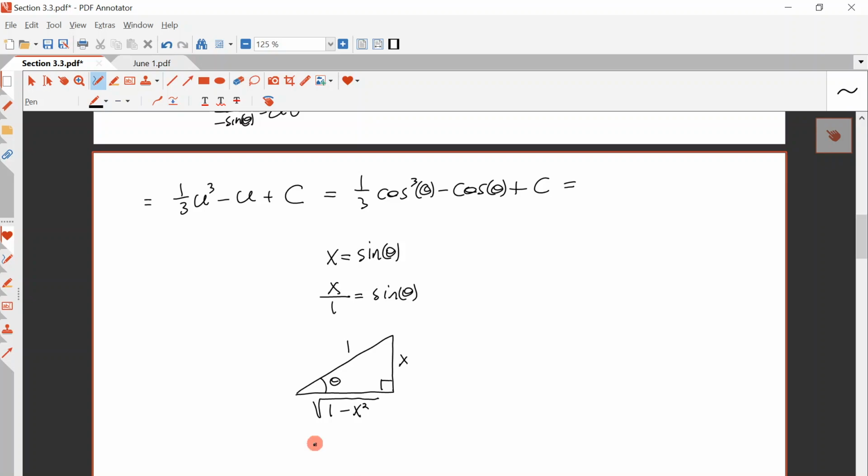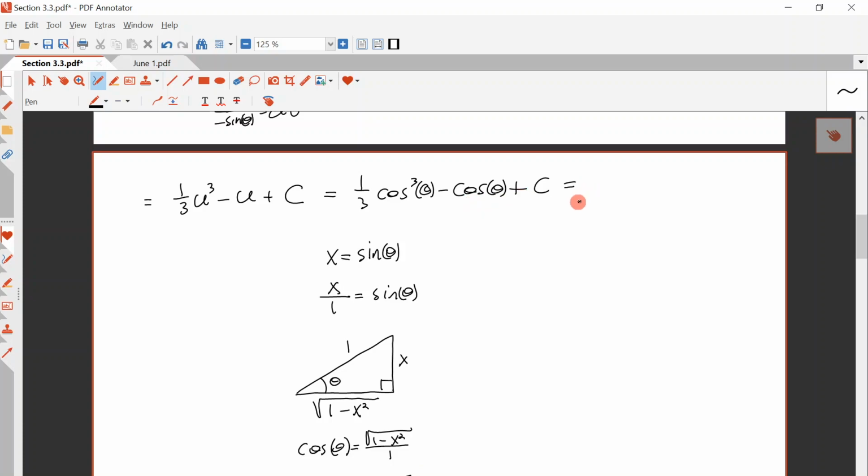So now cosine theta is the length of the adjacent side over the hypotenuse. So cosine theta is just equal to the square root of 1 minus x squared. And now that gets used to turn this from theta back to x.